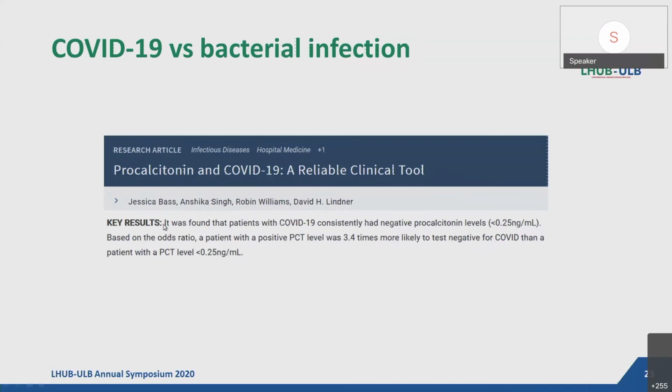But in this study, including several hundreds of patients, the authors said that indeed a high PCT value decreased the probability of having a positive COVID PCR test. So probably we can imagine that these patients have a mild or a moderate form of COVID-19.